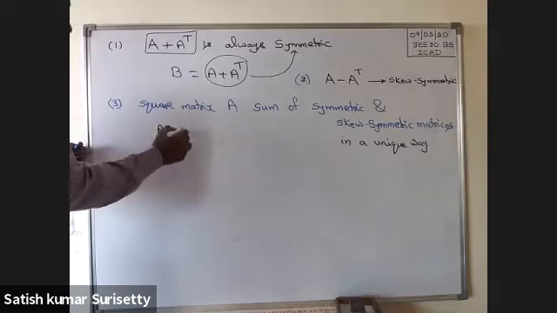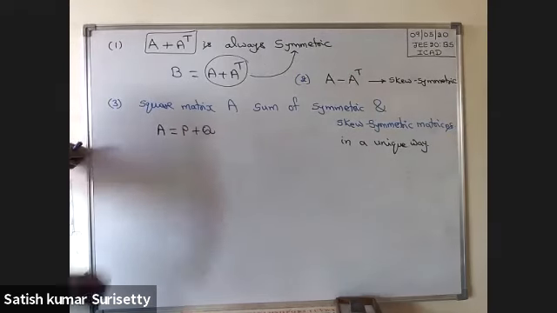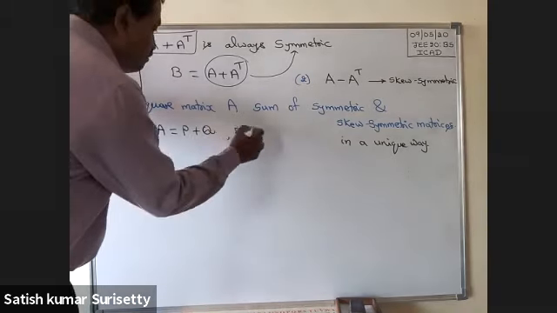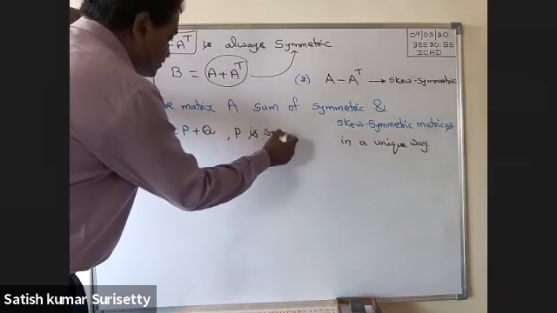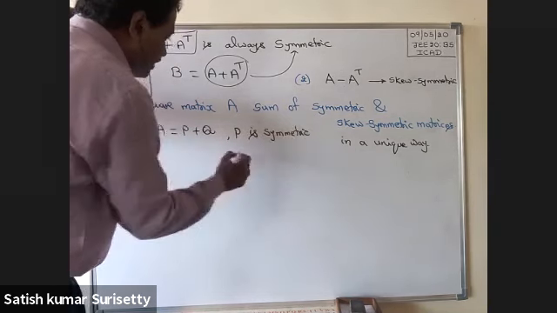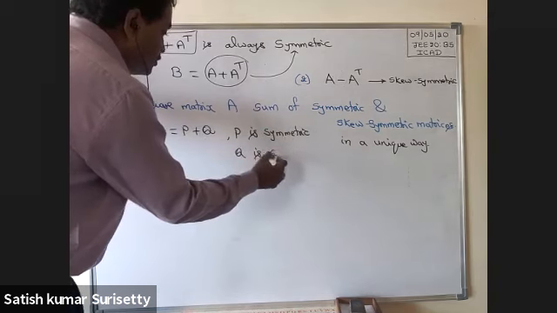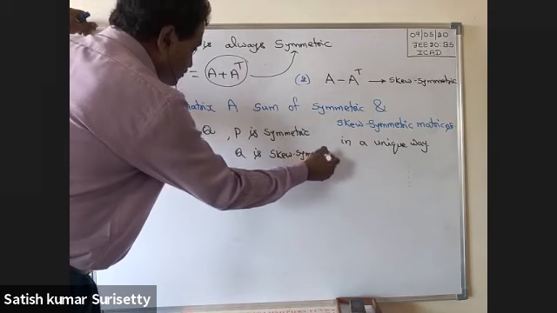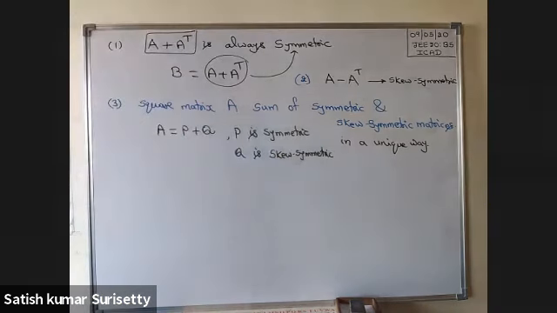Now, let A equal to P plus Q, where P is symmetric and Q is skew symmetric.